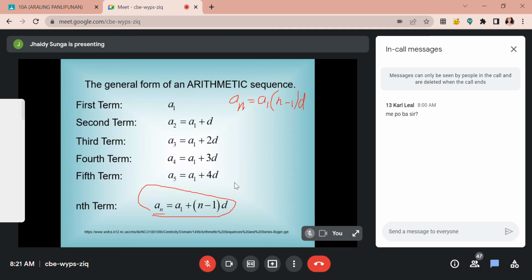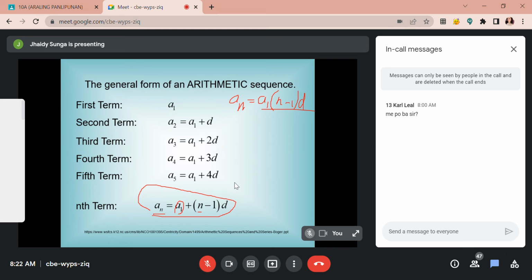A sub n is equal to a sub 1 plus quantity of n minus 1 times the difference. A while ago, I didn't mention plus, but you still took it in a multiplication way. So you should add it by the quantity of n minus 1 times the difference.